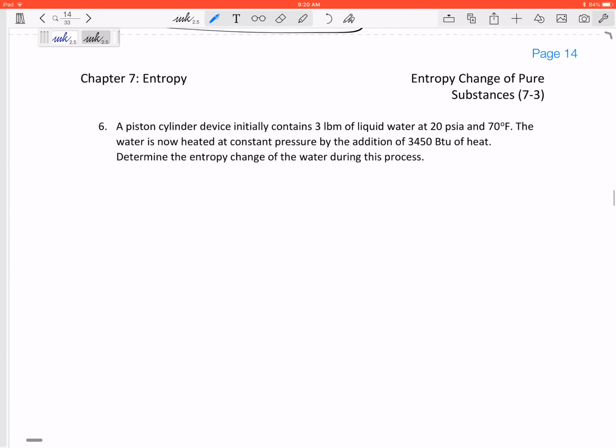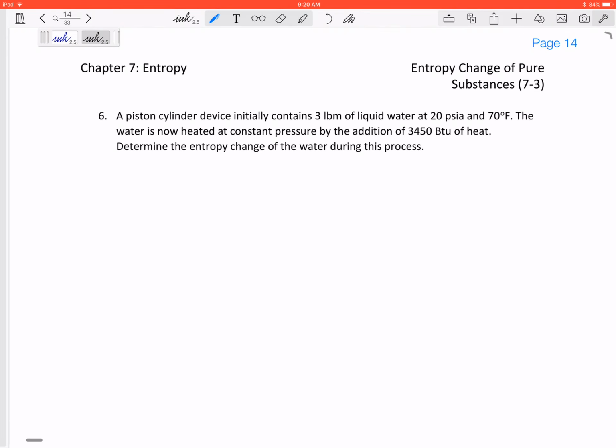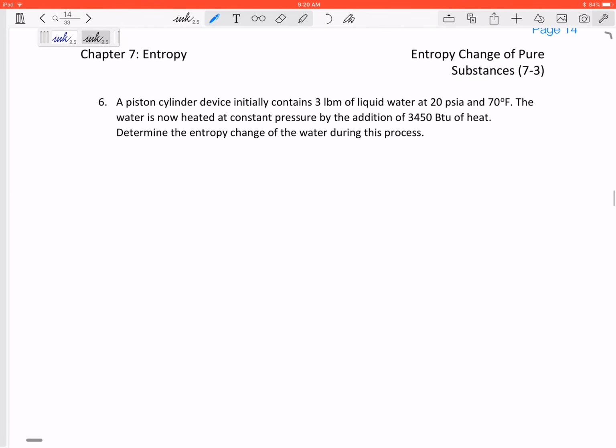Okay, let's look at the next one. A piston cylinder device initially contains 3 pounds of liquid water at 20 psi and 70 degrees Fahrenheit. The water is now heated at constant pressure by the addition of 3450 BTUs of heat. Determine the entropy change of the water during this process.